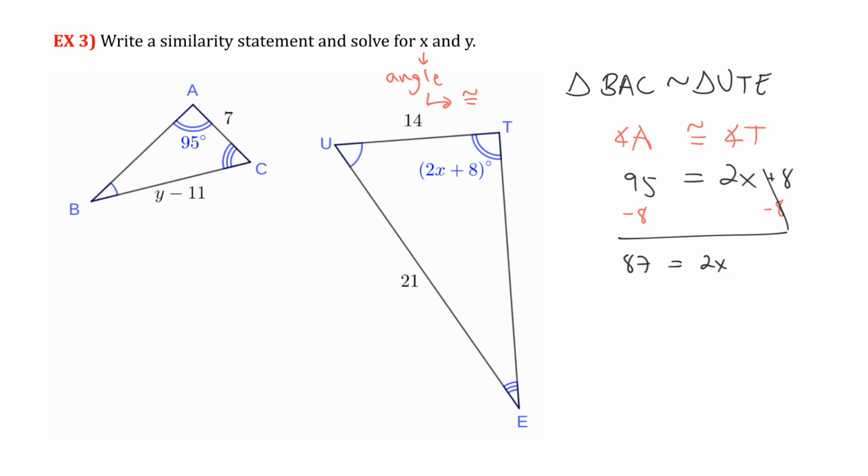Last and final step here, we're going to divide by 2 on both sides. 2 divided by 2 becomes 1, and so we are left with just x, and x is going to be equal to, you can leave your answer as an improper fraction, which is 87 divided by 2, or you can convert that into a decimal, which is going to be 43 and a half.